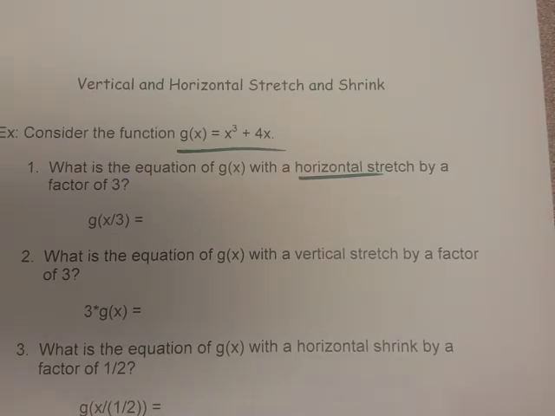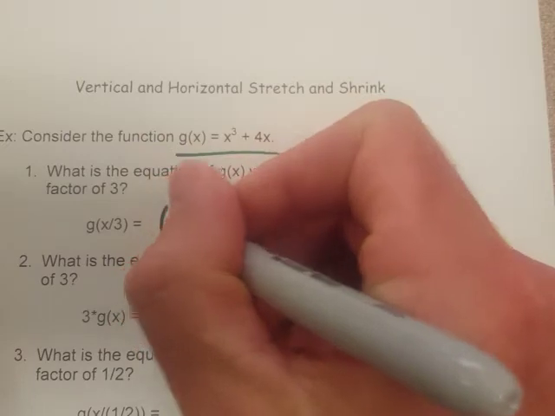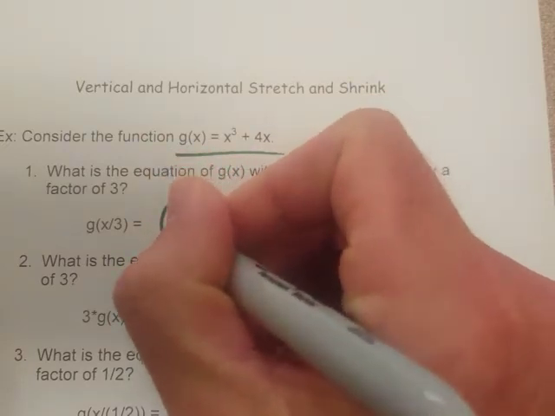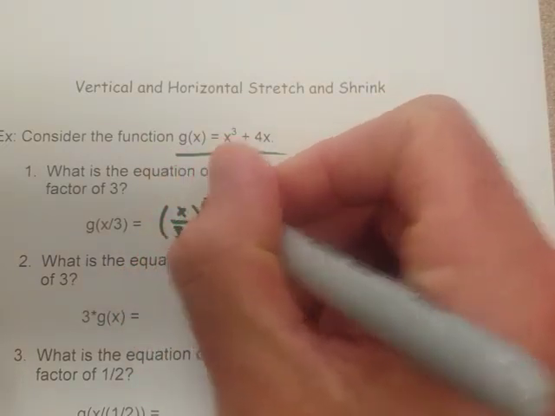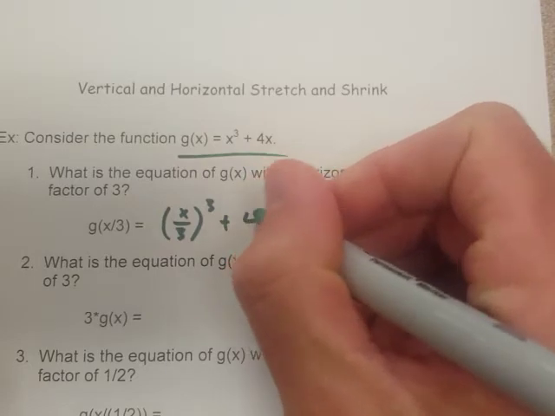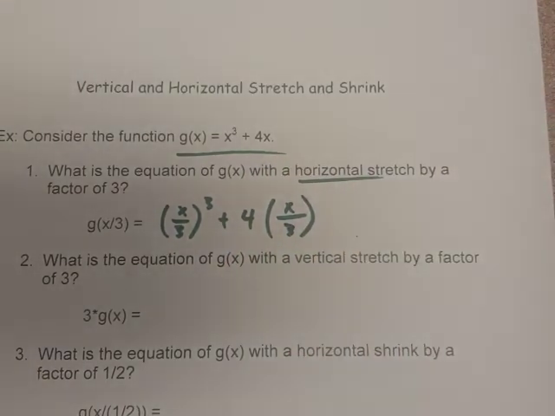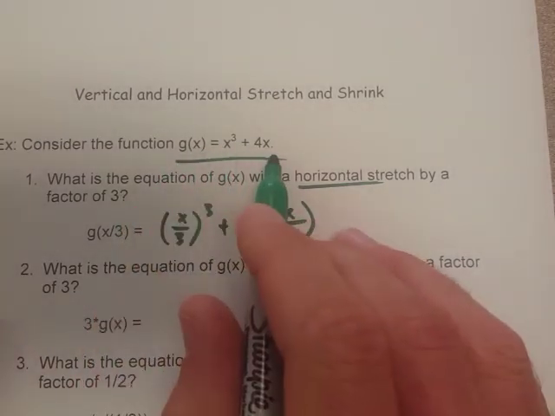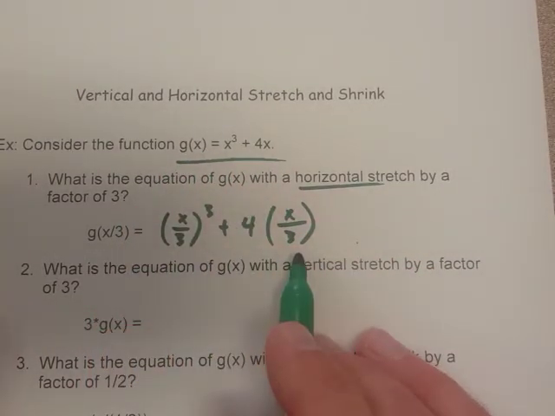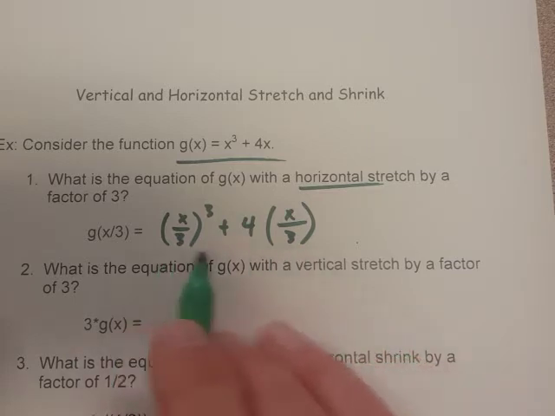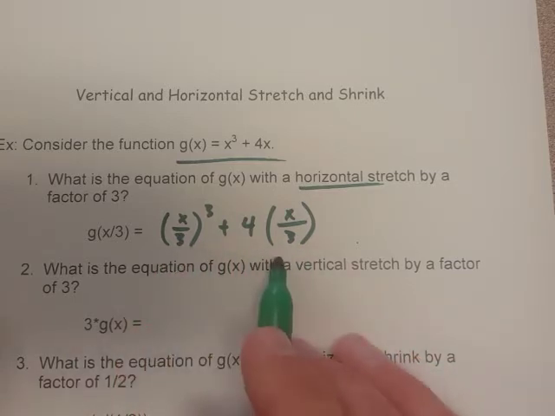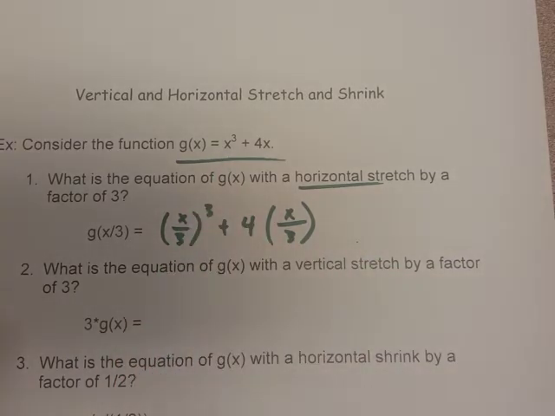So I'm going to plug this in: x over 3 cubed plus 4 times x over 3. That will perform a horizontal stretch of this graph. You can try it by putting this into y1 on your calculator, put the original into y2, and just notice that this one will be stretched horizontally compared to what we had in there.